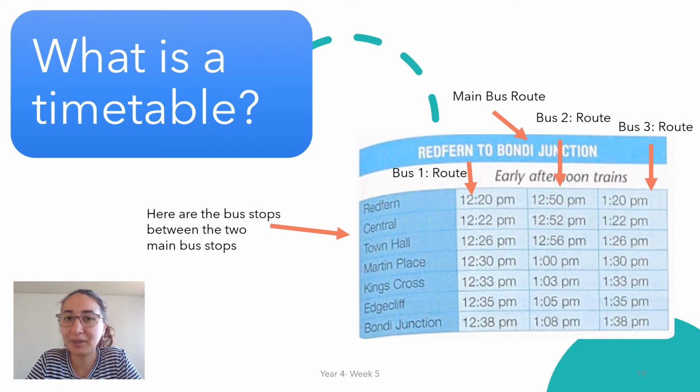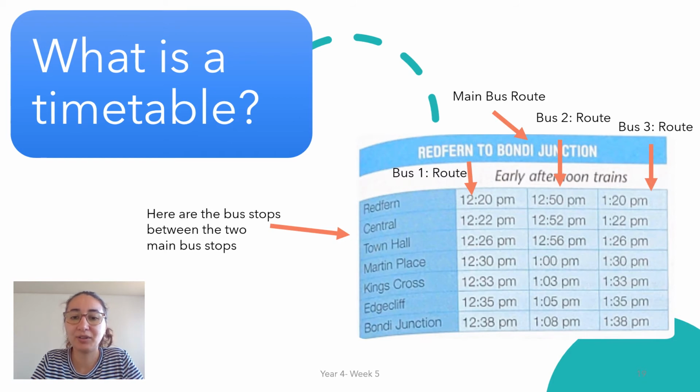If you catch the bus, the train, or any public transport really, we've got timetables that tell us where things are. We're using a bus here. So where a bus route might start from, where the bus stops will be, the places it will be going, and what time it will reach this destination.